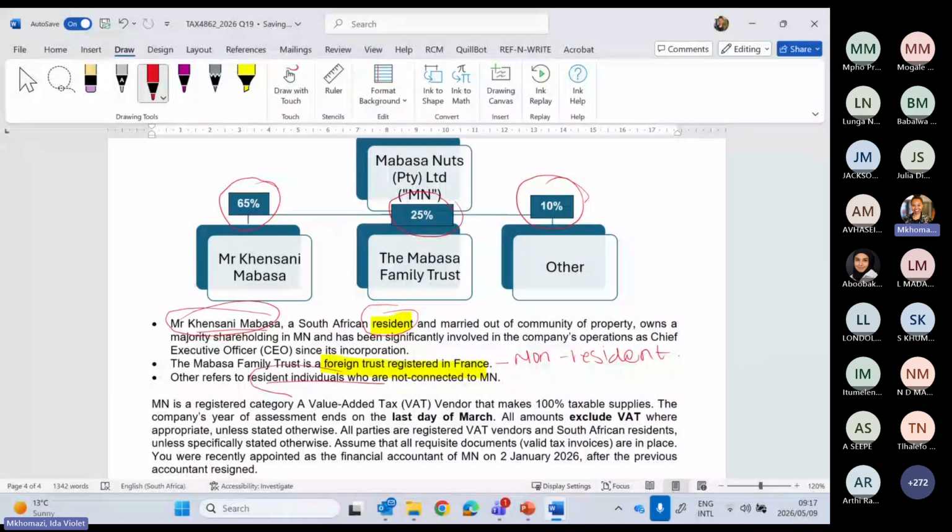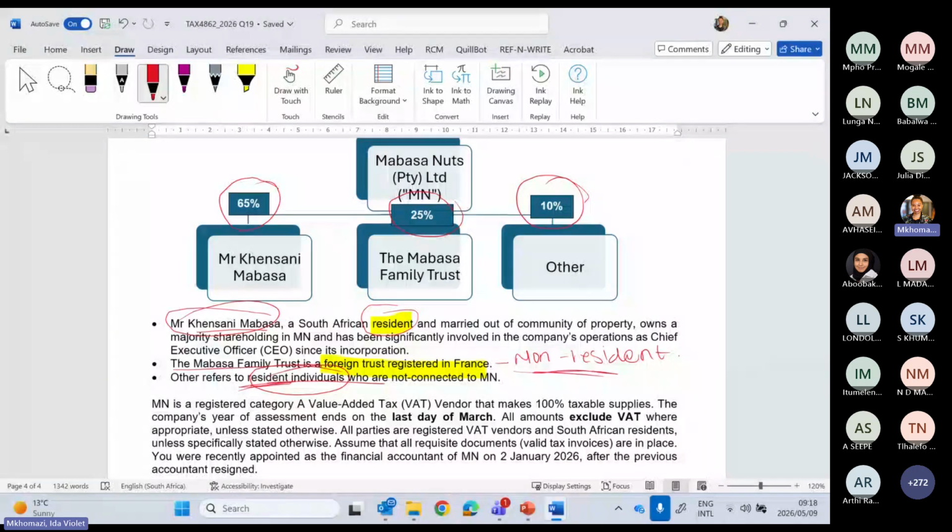There are also these 10% individuals that are resident. However, the Mabasa Trust is a non-resident. That is something that I would write for myself so that I don't forget. It means that this trust is only going to be taxed on its South African source income.